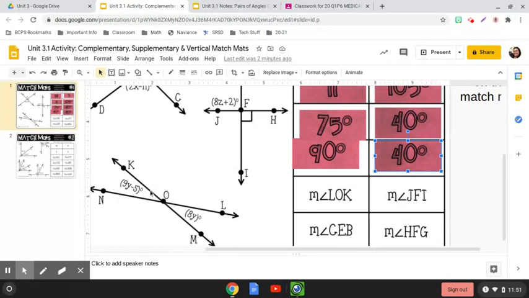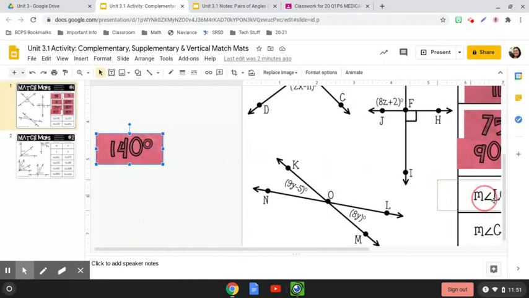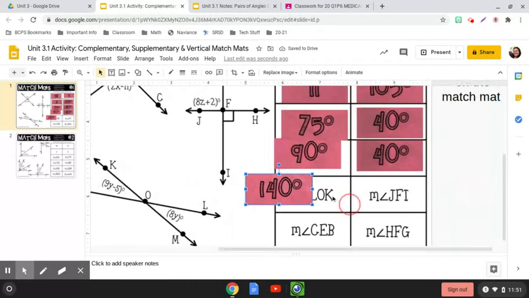And 40 plus 140 is 180. Great job. Oh, and we have a 140 right here.